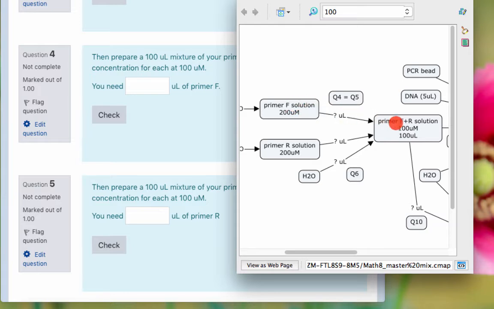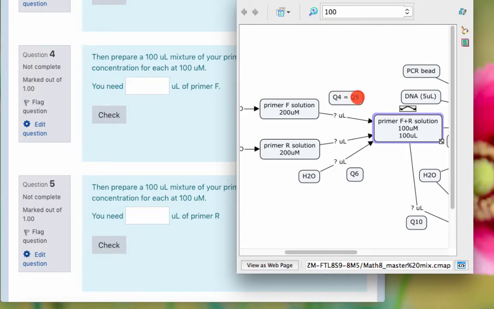If we look at this branch, we start with forward solution that's at 200 micromolar. We're going to use X microliter of it. So here's our C1, V1, and here's our C2 and V2. Here's how to calculate for this question mark, and this is the answer for question number 4.